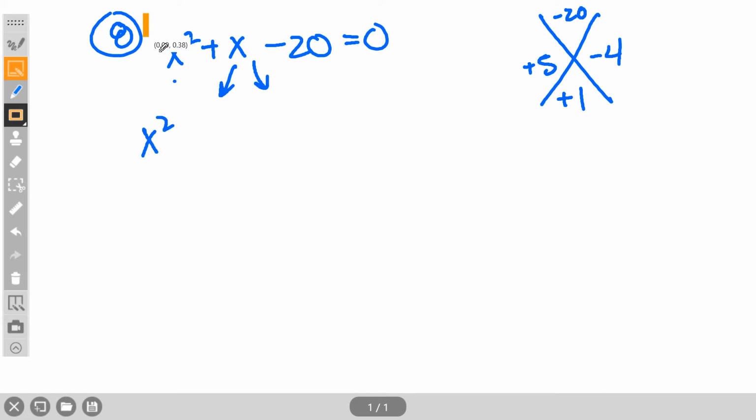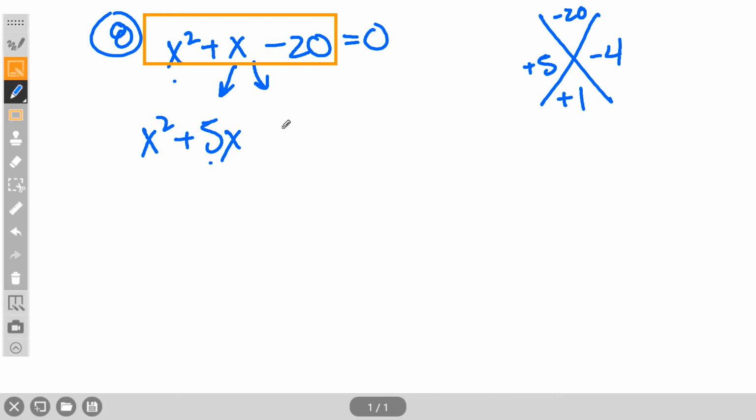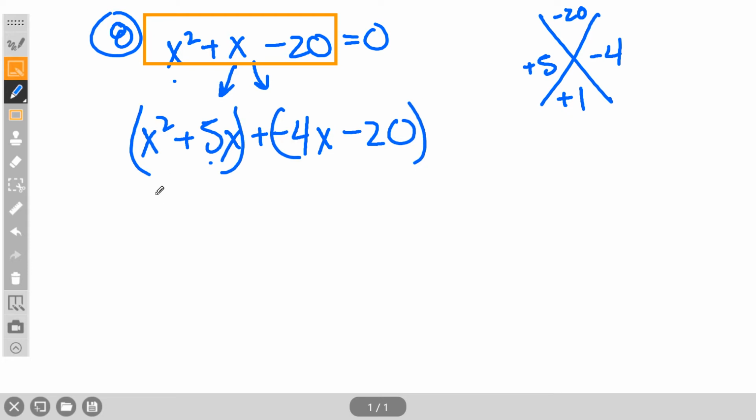Now I'm trying to factor this. Okay, ignore the equals 0 for now. We're not concerned with it. So this factors into x squared. Well, the positive x can be split into positive 5x and negative 4x, which I can now factor by grouping. The GCF will come out of the first group, so x, leaving me with x plus 5, and the GCF will come out of the second group.